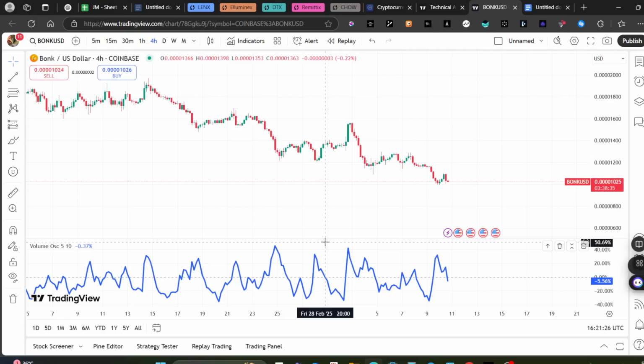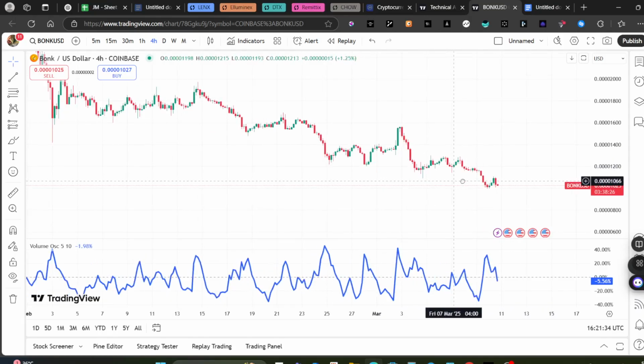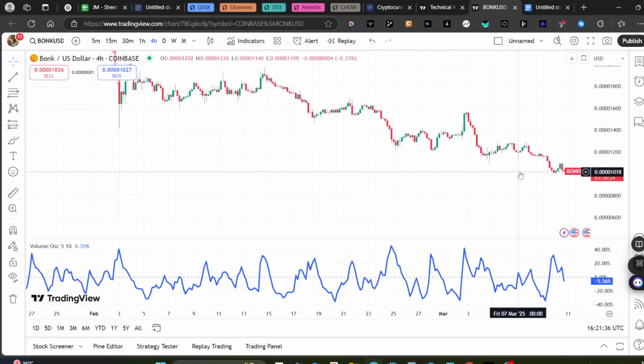So before we wrap up, let's talk about some common mistakes that traders make when using the volume oscillator indicator. The first mistake is using it in isolation. The volume oscillator helps with market momentum, but you need additional confirmation before making decisions.